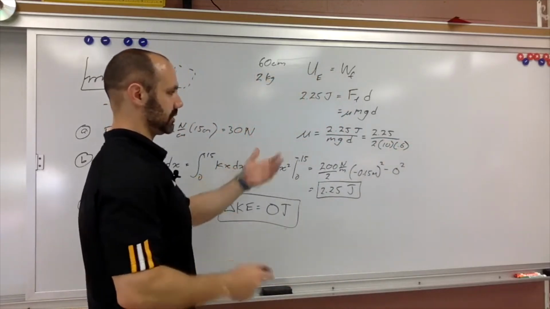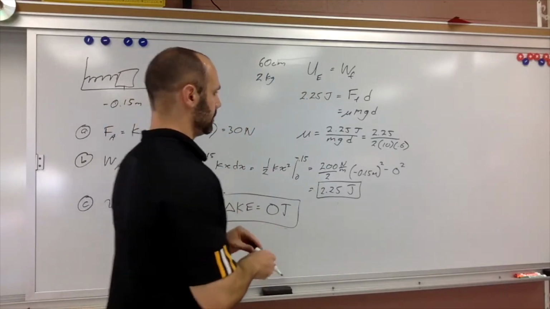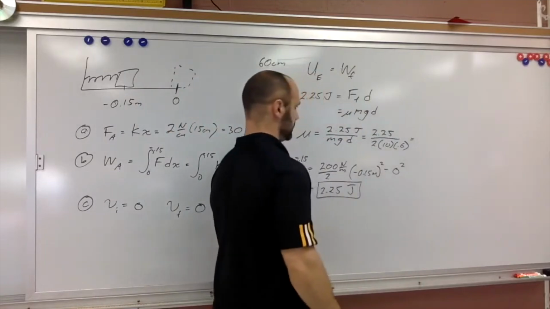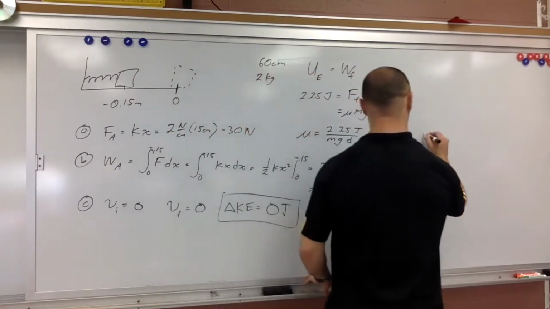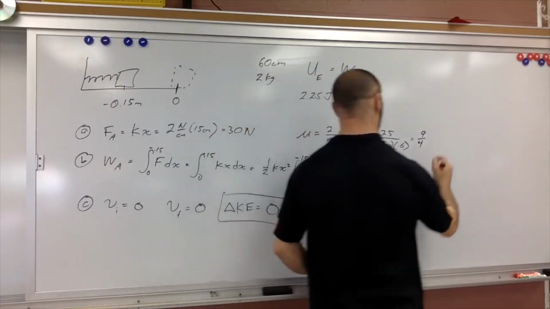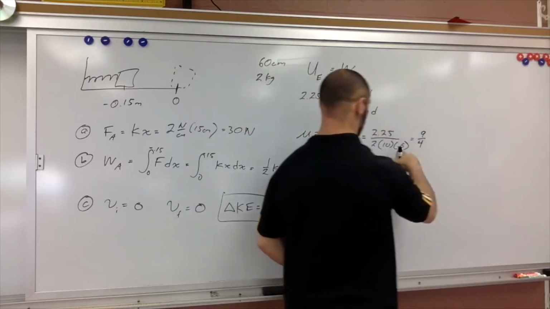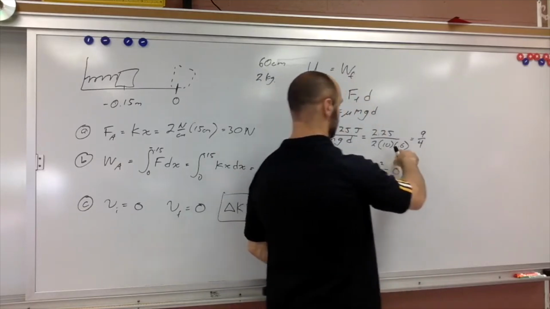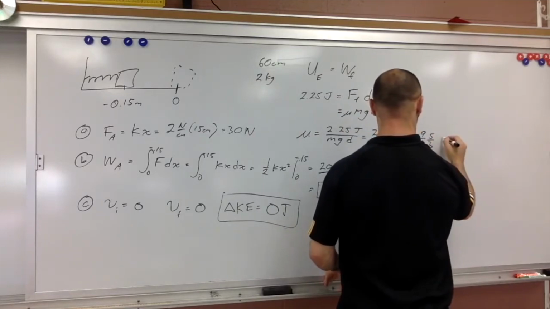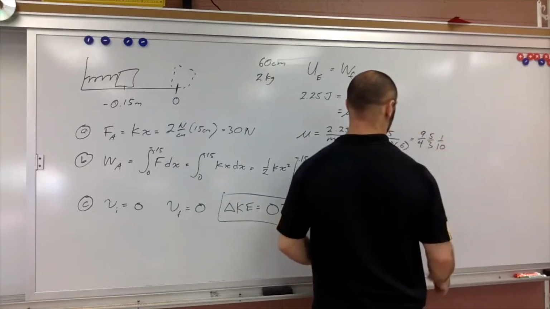And whatever that works out to, I don't have the final number. But we could probably do this. What's 2.25? That would be 9/4 times, and 0.6 is 3/5. So 3/5, and then I've got a 10 on the bottom here. So let's see how this cancels out.